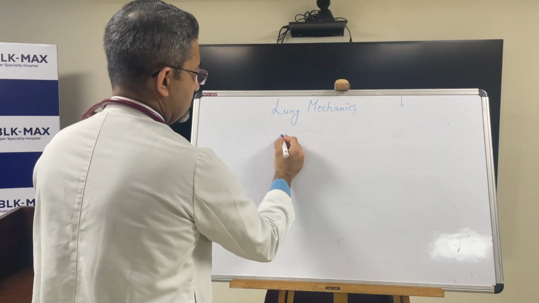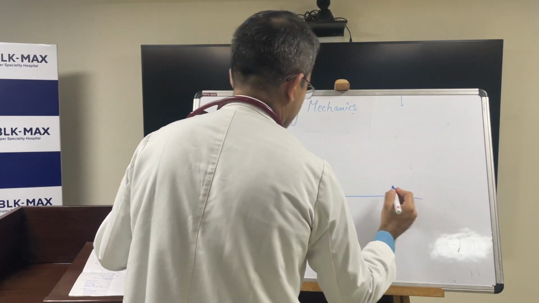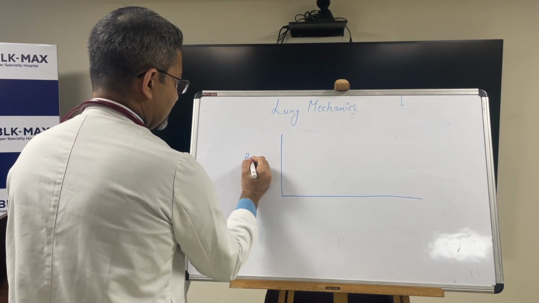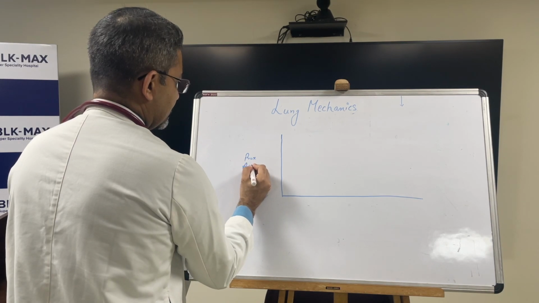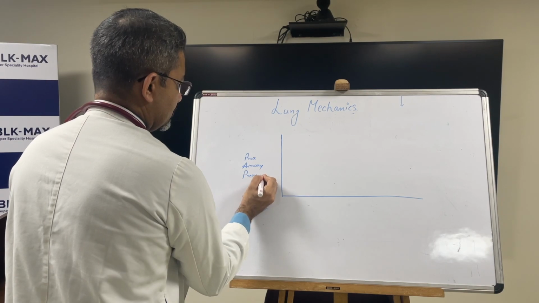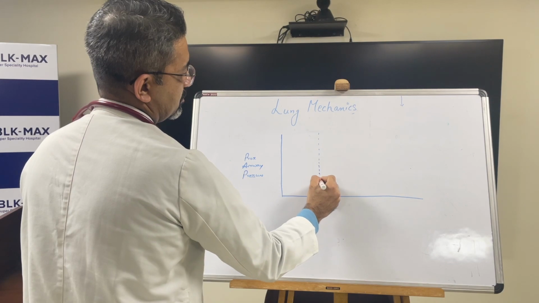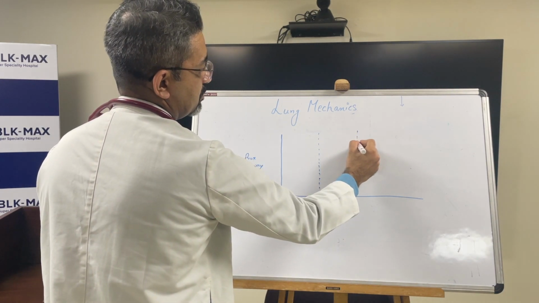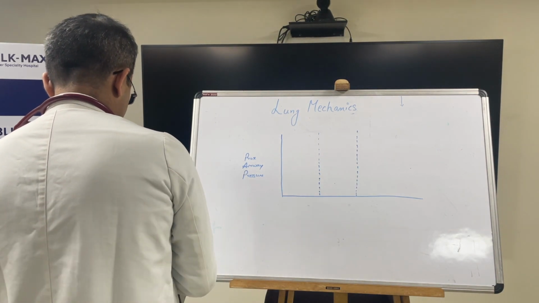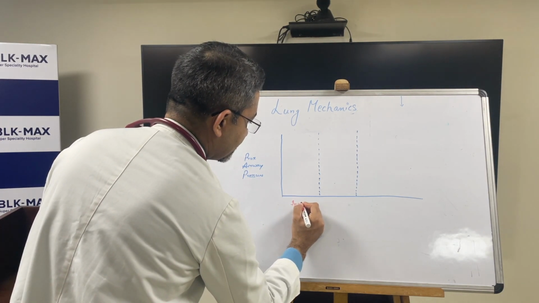This is proximal airway pressure, and this is your inspiratory limb.